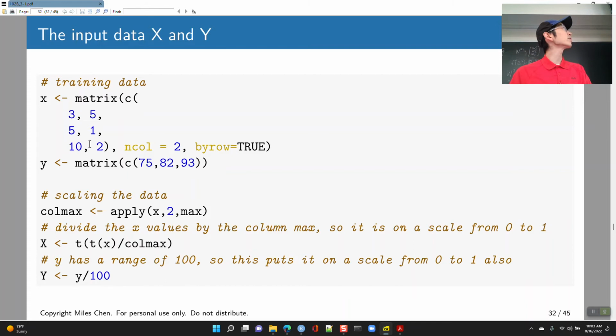And then as far as the x values go, I'm going to take the first column and divide by 10, and the second column and divide by 5. I could have also divided by 100 or some other constant. It didn't matter, but I just said, let's take the column and divide by the maximum in the column. And that's what I did to x.